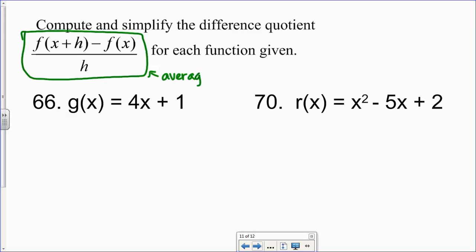What it is, it's a formula to find the average rate of change over a specific interval, a specific spot on your graph. In other words, it's the slope of the secant line that goes through 2 points on your graph.